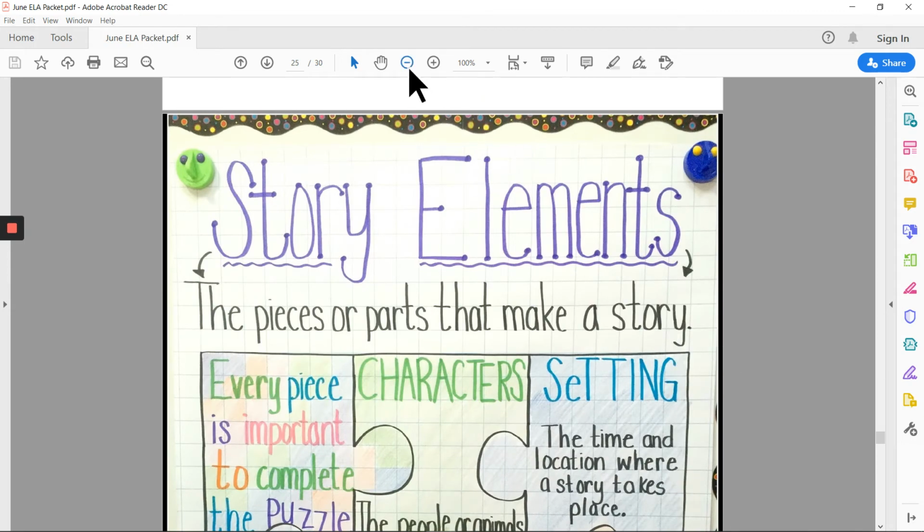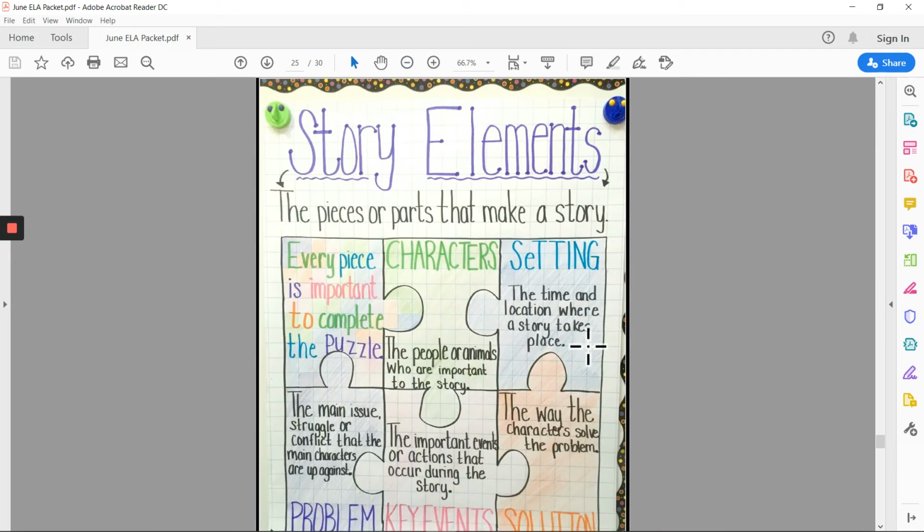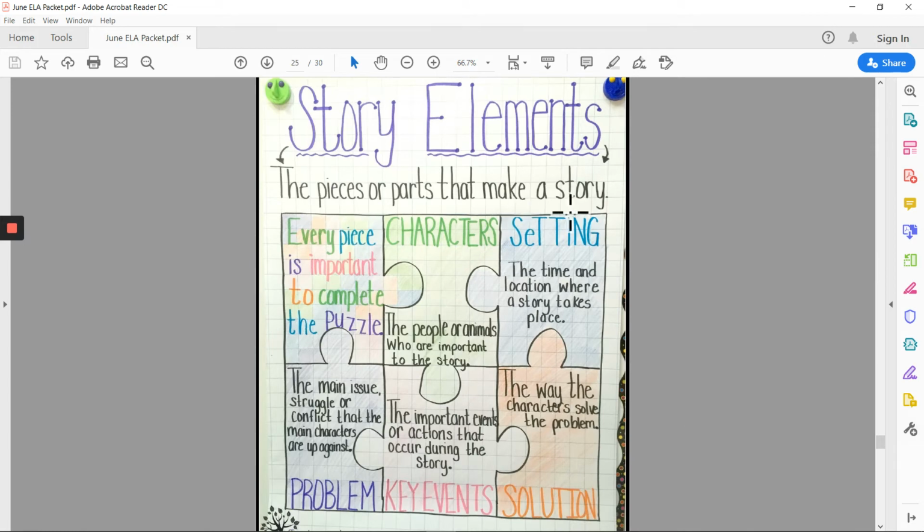In your packet, you also have a story elements anchor chart. These are the pieces or parts that make up the story. Every single piece of the puzzle is important. You need the characters, the people or animals who are important to the story, the setting, the time and location where a story takes place, the problem, the main issue, struggle, or conflict that the main characters are up against, the key events, the important events or actions that occur during the story, and the solution, the way the characters solve the problem.